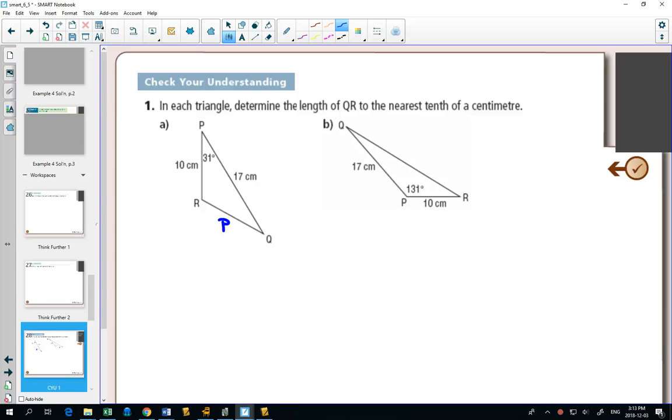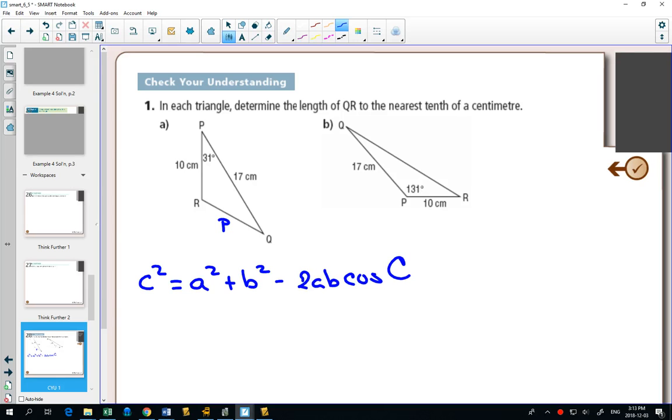Now your cosine law is written out with letters: c squared equals a squared plus b squared minus 2ab cos C. And the only thing you really need to know about trigonometry with the sine law and the cosine law, because if we look at this triangle, is there any a's, b's, or c's?